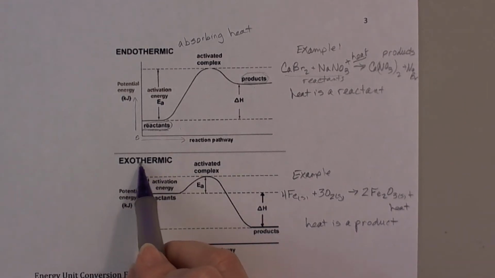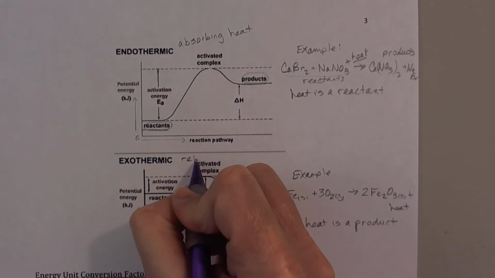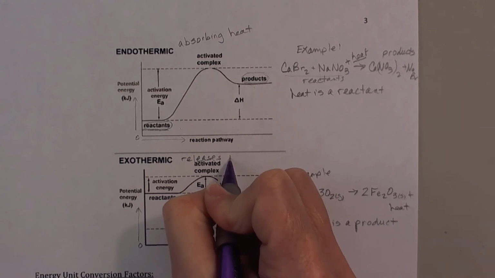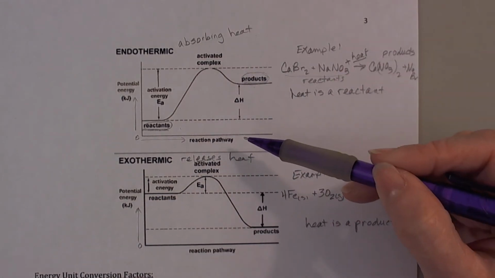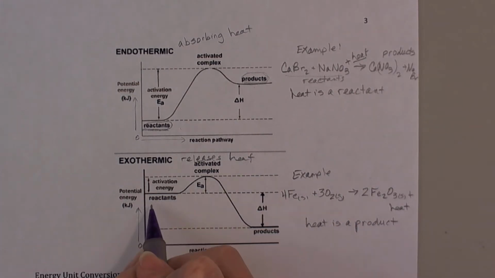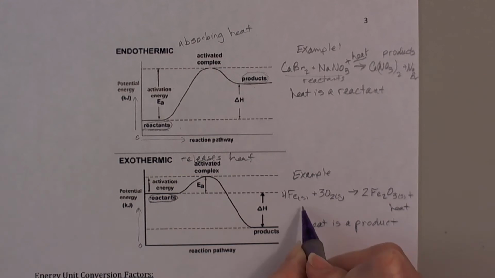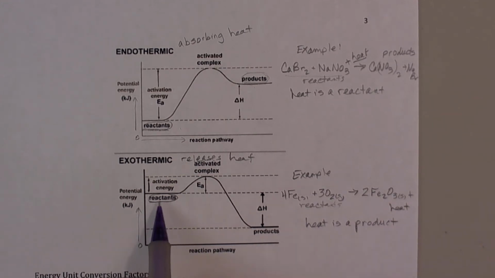So for an exothermic reaction, exothermic reactions release heat. Endothermic absorbs heat. Exothermic releases heat. So let's look at the potential energy of the reactants. So these are the reactants. Do you see they are at a higher potential energy than our products down here?